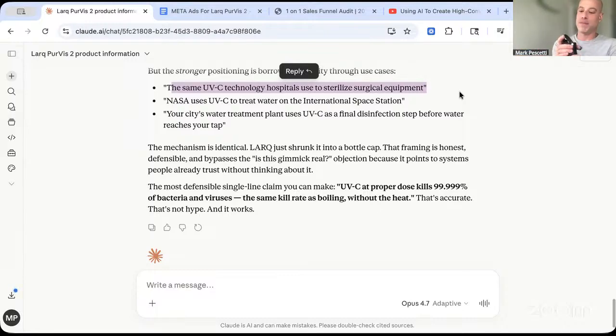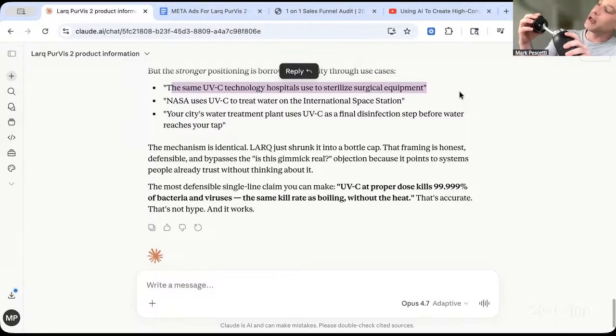And so people can be like, I love being able to bring this on my hikes because it uses the same sterilization for surgical equipment, and I get to use that in my water. Let's see, what would be another way?